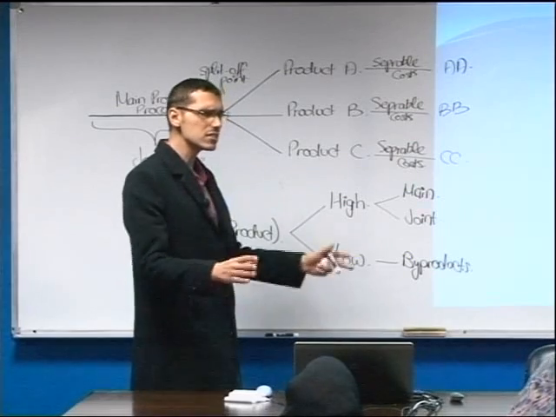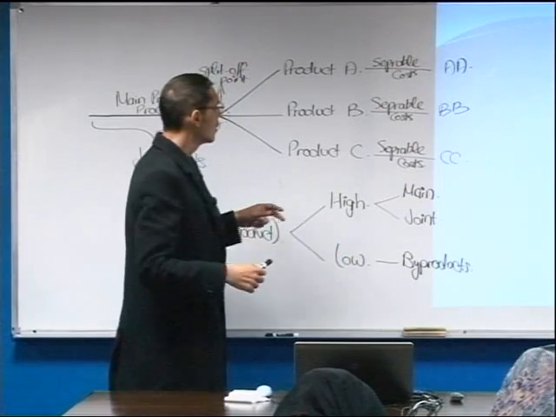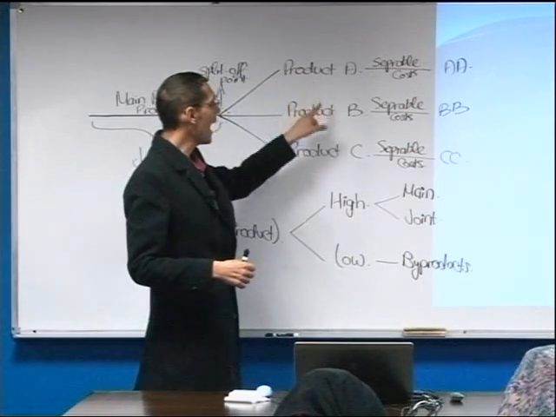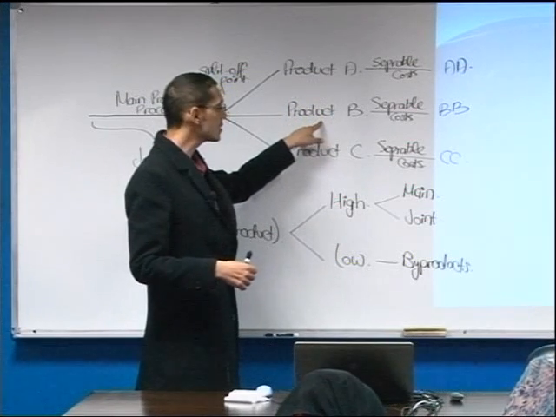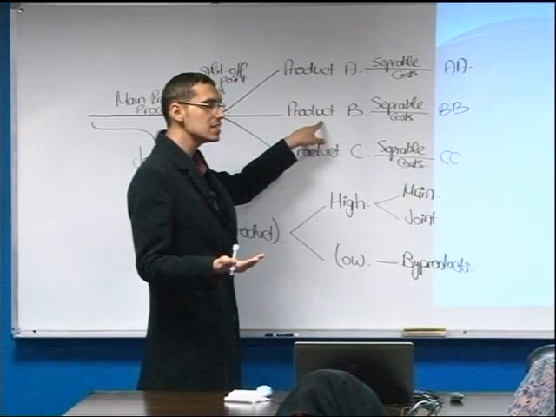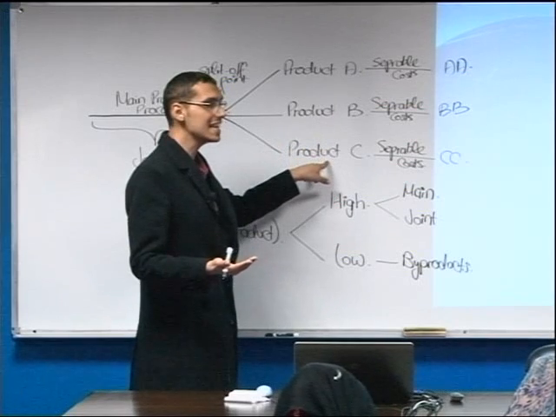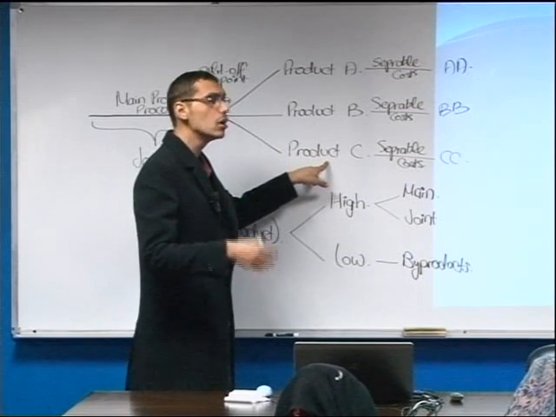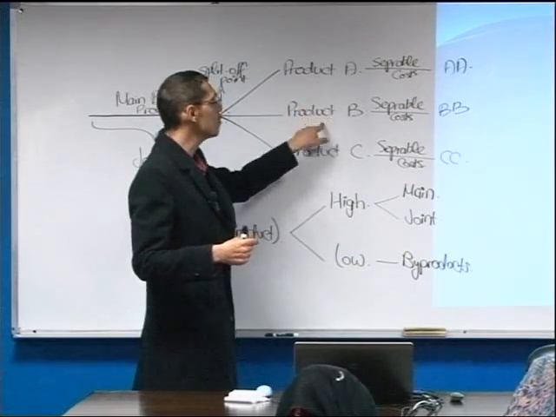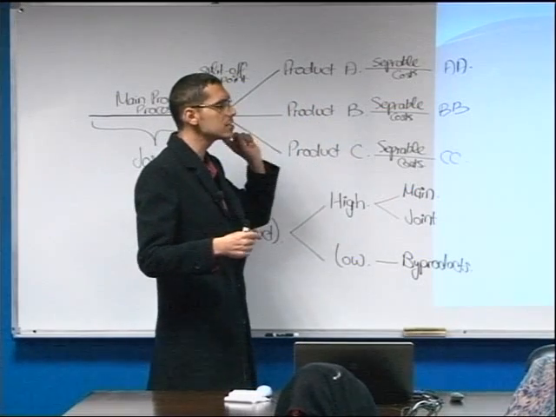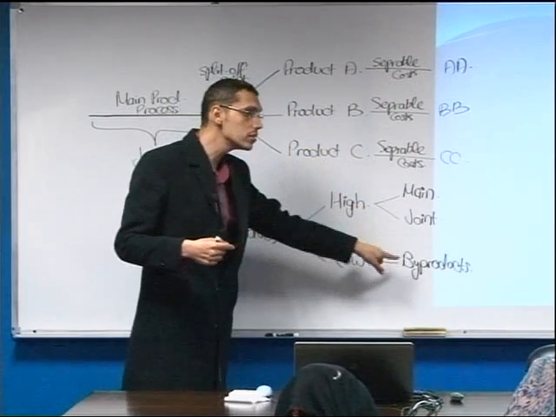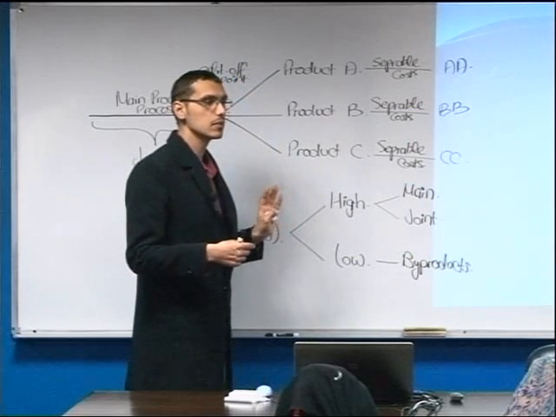For instance, in our example, if product A and B have high positive sales value, and product C has a low positive sales value, therefore product A and B are called joint products. Product C is called a byproduct.